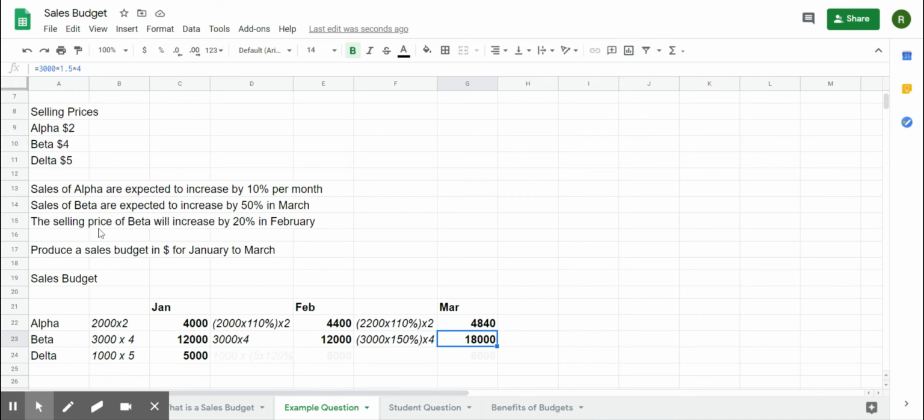And then the selling price of the Beta is expected to increase by 20% from $5 in February. So 20% of 5 is 1. So the new selling price will be $6.